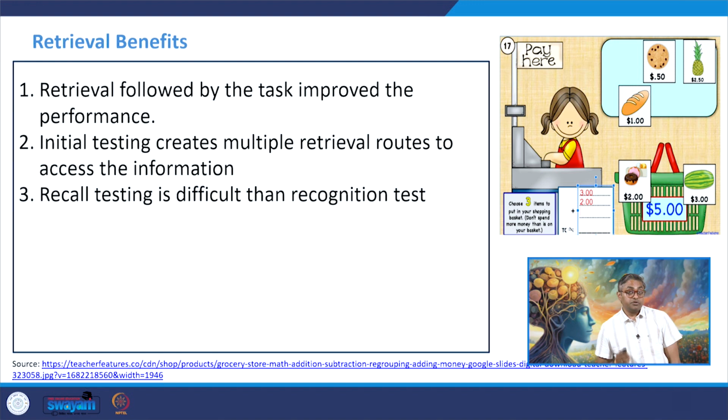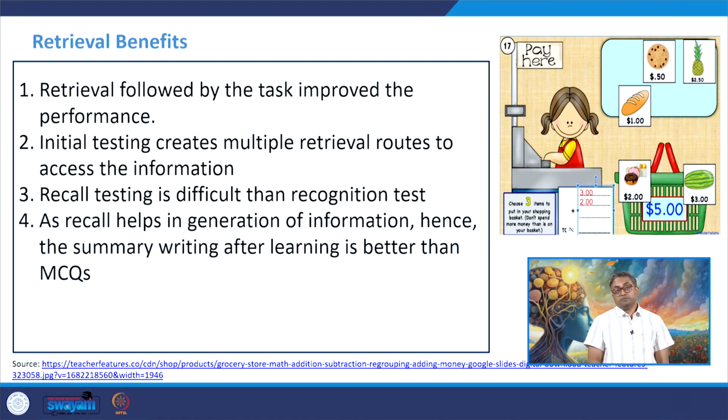So you see here, with retrieval benefit also, we are talking about the individual effect. Retrieval effect in an individual. And today itself, as we proceed, we will also see the collaborative effect, the concept of collaborative memory, the group effect.